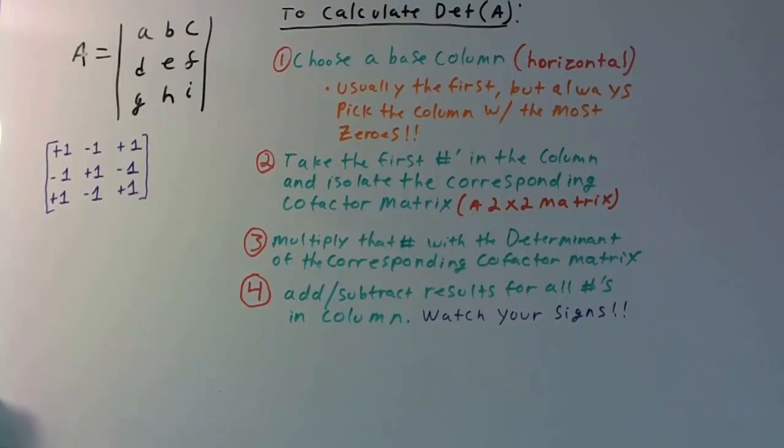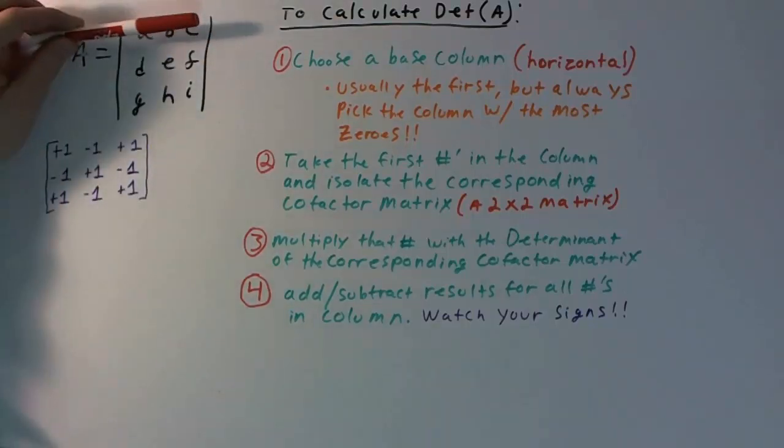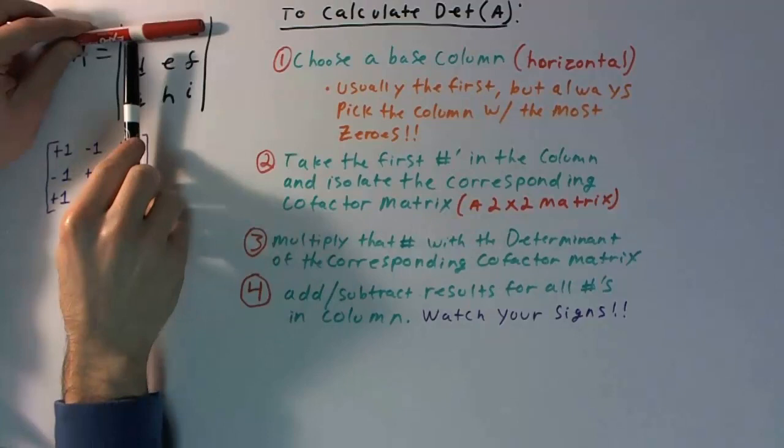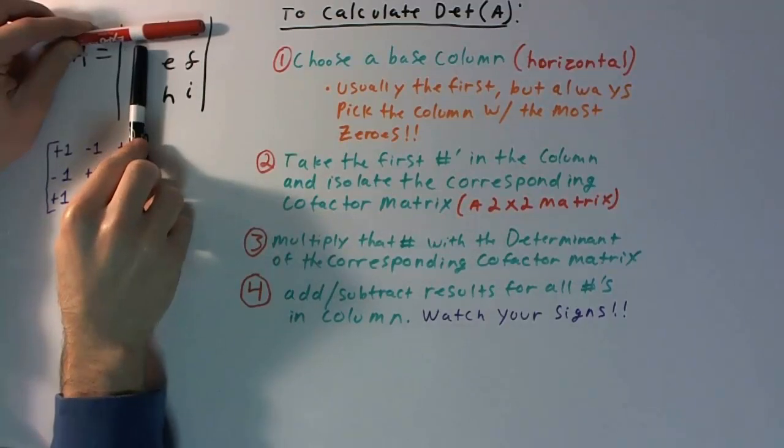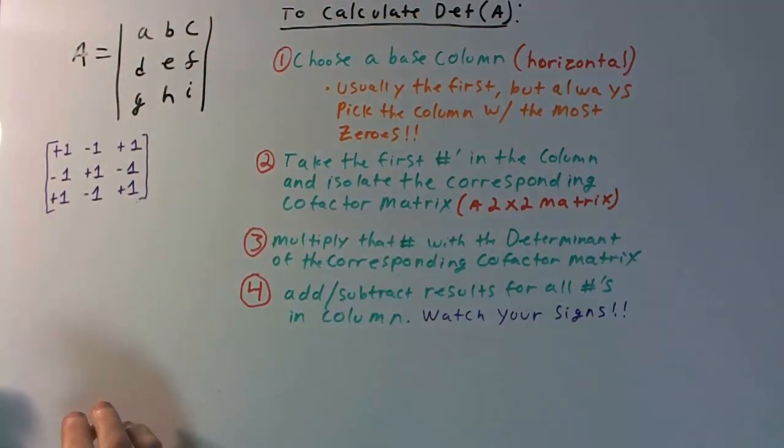So what we do is we isolate the first column and the first row, and you can see that we get a 2 by 2 matrix. Now this is called the cofactor matrix for A. And so what you do is you take that and multiply the result of the determinant of that cofactor matrix by A in this case.